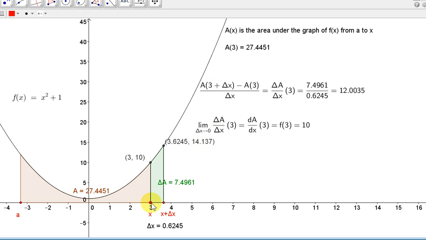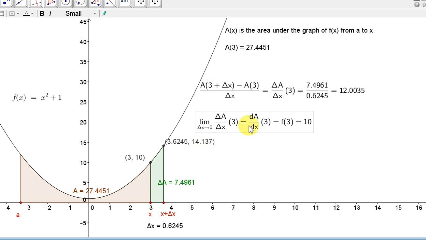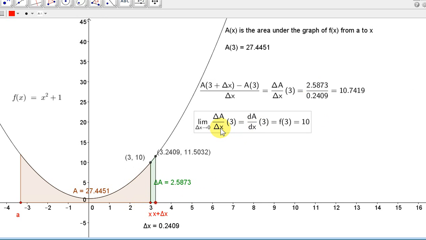So let's see that for x equals 3 again. So we take the limit as delta x goes to 0, and as you can see, delta a divided by delta x is approaching f of 3, and f of 3 is 10.